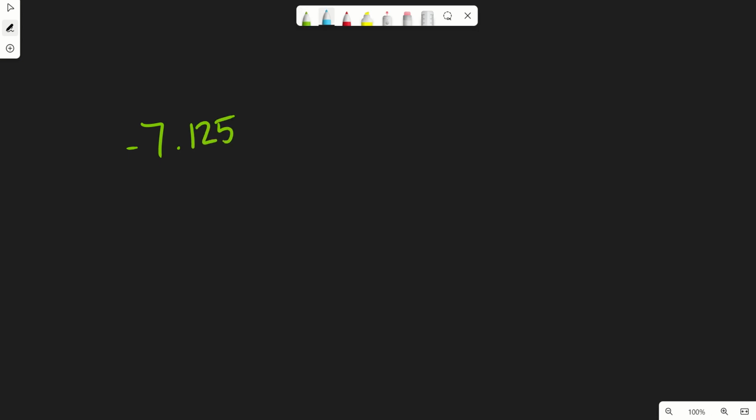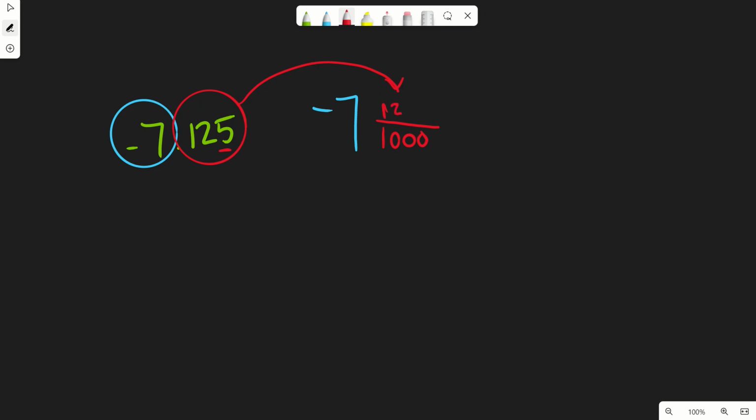Okay, so whole number is just going to stay my whole number. My 5 is in the thousandths place, which means this is going to be 1,000, and my value is going to go up top here, and I have negative 7 and 125 thousandths. I believe I can simplify 125 thousandths, so let's try.